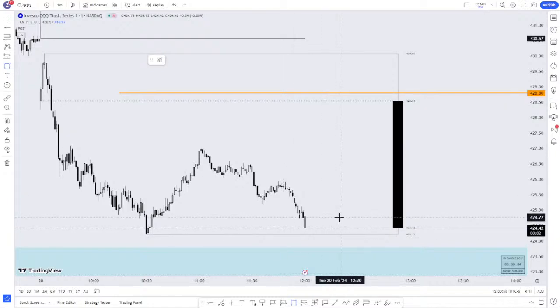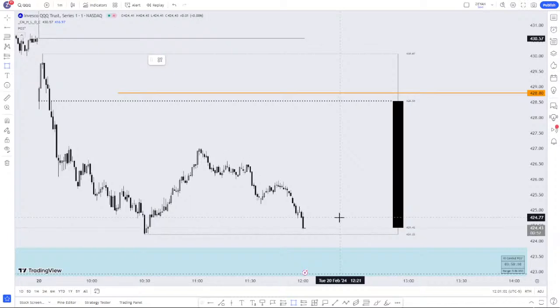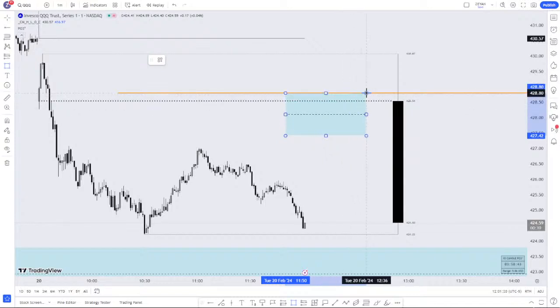What an amazing, oh wow. 427.40, 427.40, and 428.61, 428.61. See, it's all symmetrical. Probably back to the previous day close in this opening range.